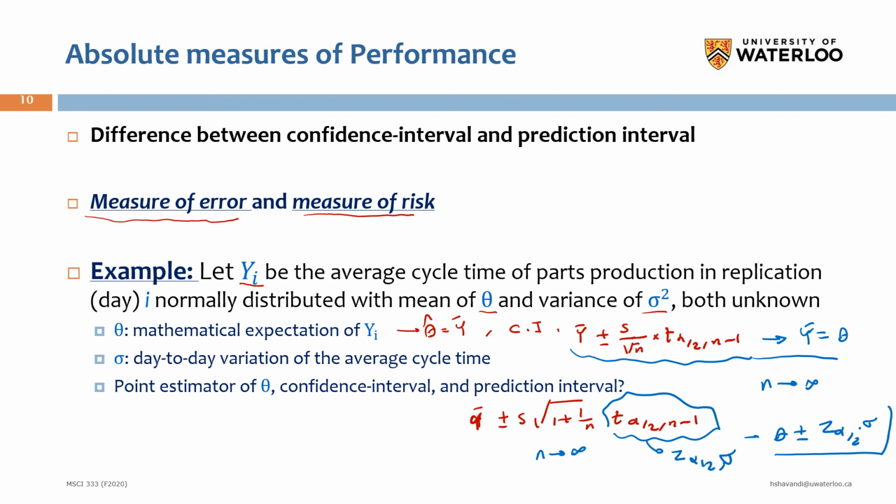So it's not a point. That's the difference. We can never eliminate the risk because it comes from the nature of probability, the nature of uncertainty, and we can't eliminate it. But we can eliminate the error by increasing the number of replications.